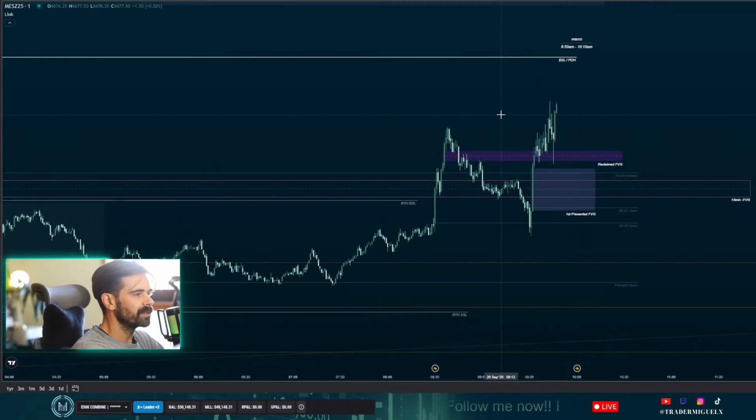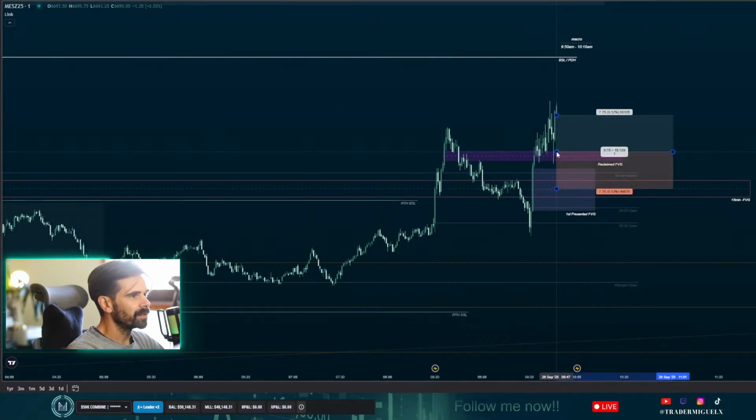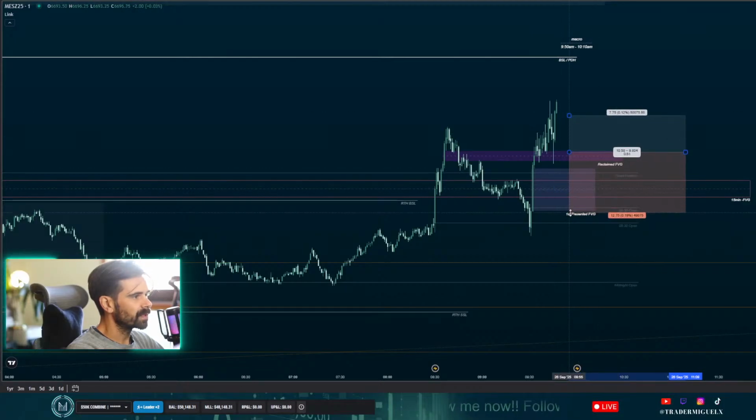Price is still climbing here on ES. But so far, there's nothing that we could eventually do here. Even if you were right about the direction of the market, the most logical thing was giving permission to price to come for the first presented fair value gap, touching it eventually because it's still untapped. So the most logical thing would be placing a stop loss below it.